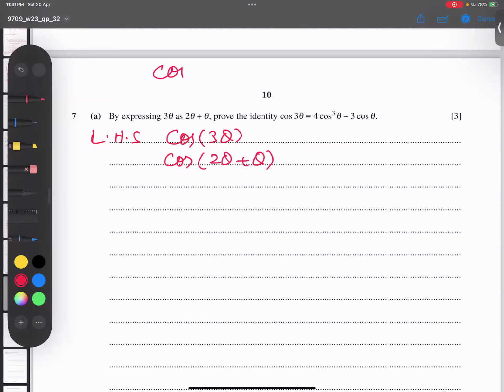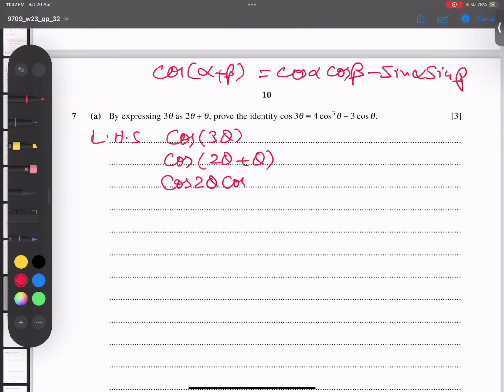Fundamental cos property, if you remember, cos of alpha plus beta: first both cos come, cos alpha cos beta, then the opposite sign, minus sine alpha sine beta. This is a basic formula, so I'm applying the same formula here. Cos 2 theta cos single theta, opposite sign, sine double theta and sine single theta.